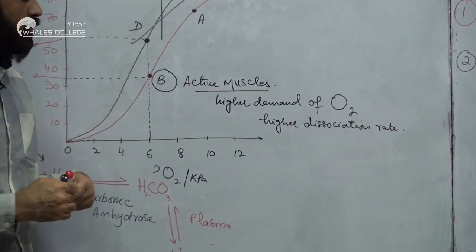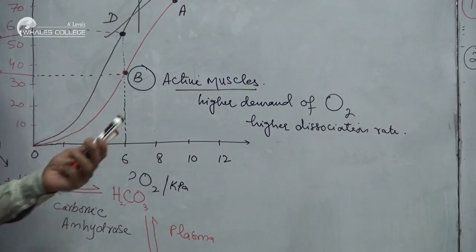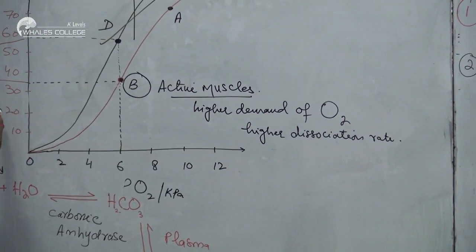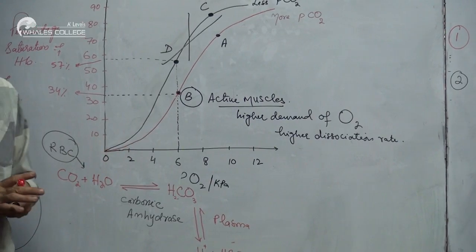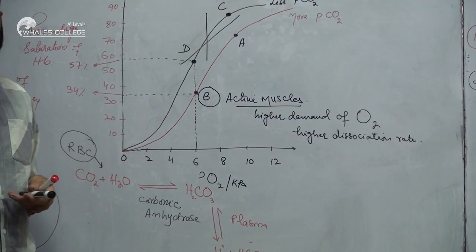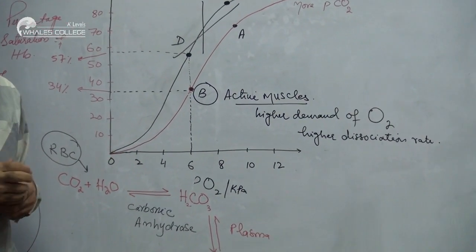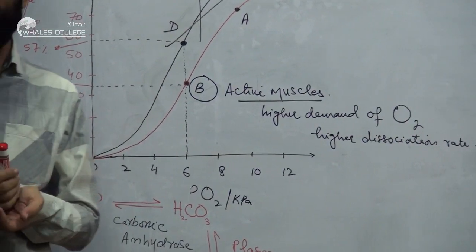Higher dissociation is only possible when there is lesser saturation of hemoglobin by oxygen, and that's the answer, B. Such types of questions we normally see on the Bohr shift in the examination. Thank you very much for this video.